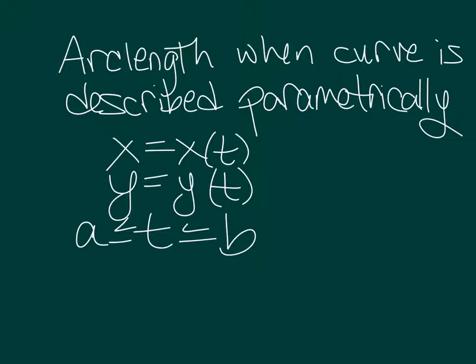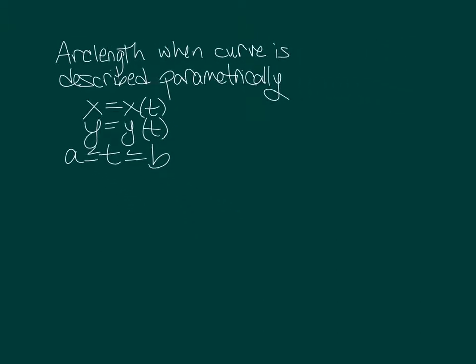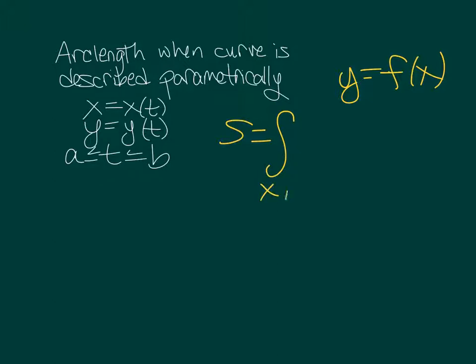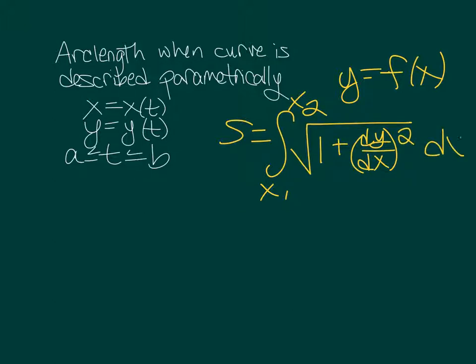Recall that our formula for arc length for a function where y is equal to f of x looks like the integral from x1 to x2 of the square root of 1 plus the derivative dy/dx squared dx.